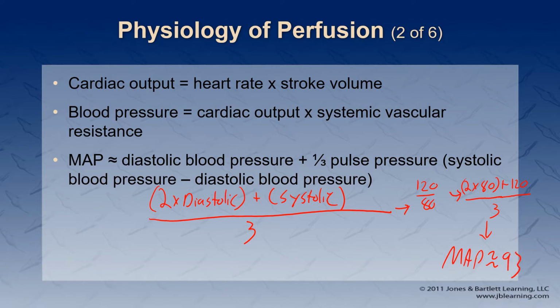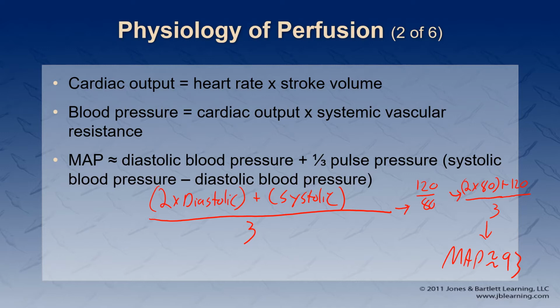So the MAP for the textbook normal blood pressure would be 93, because 160 plus 120 is 280, and then 280 divided by 3 is about 93.